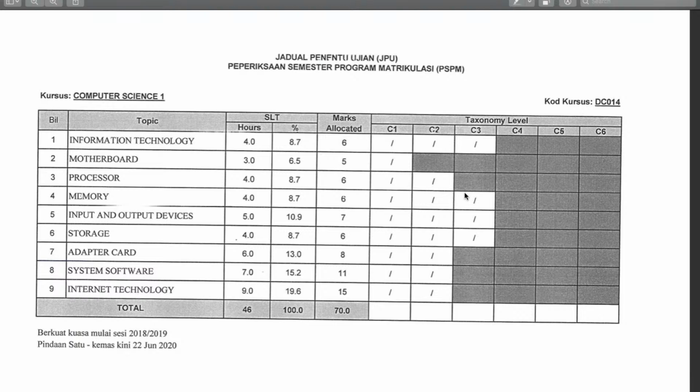And then memory, processor, memory, input and output device, storage have C1 until C3, adapter card C1 and C2, system software C1 and C2, and then internet technology only C1 and C2.